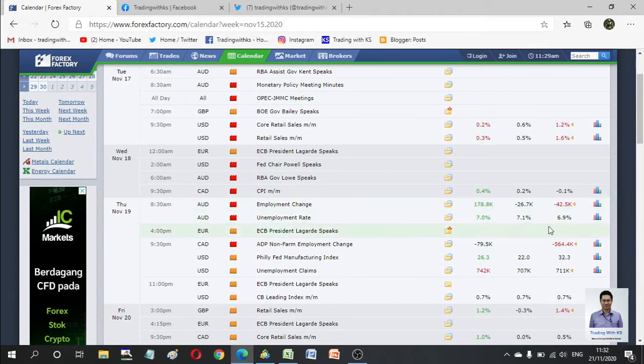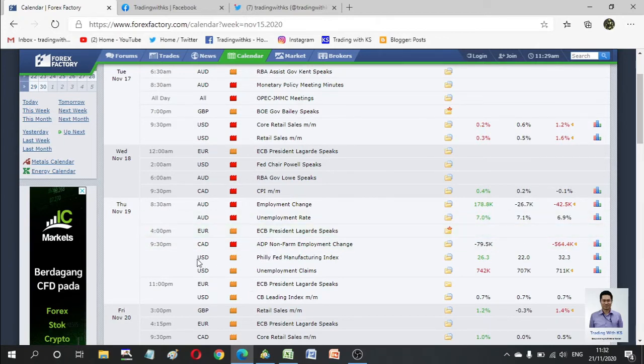The employment rate was expected at 7.1%, actually slightly less than 7.1, but still better than previous. We look at the CAD, the non-farm employment change is actually getting better, from negative 79 to negative 500. This is actually a positive sentiment.